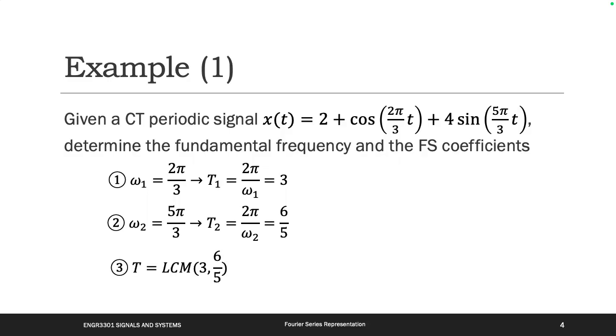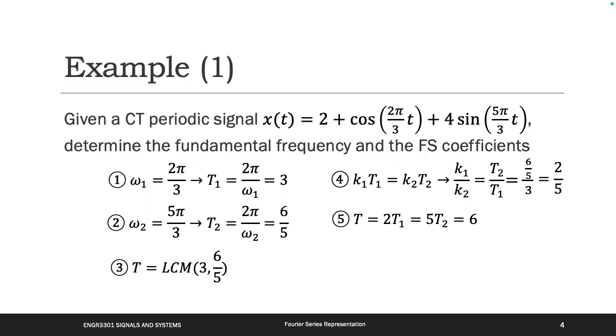Then you find the least common multiple using this equation: the multiple of T1 must equal the multiple of T2. You calculate T1, T2, and then find the period T equals 6.